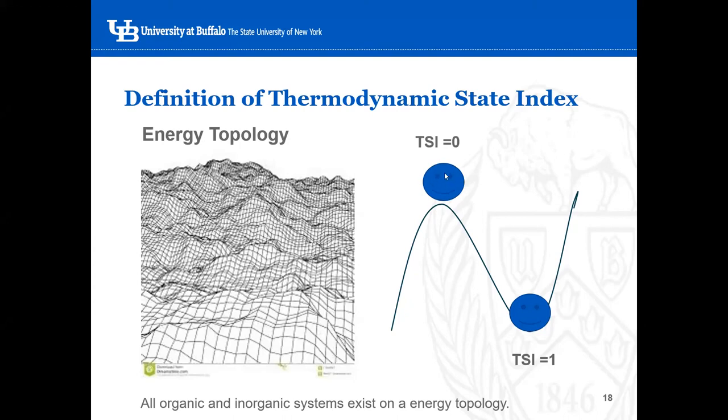When I kick that ball, the thermodynamic state index is 0. And then that ball will travel, and then will come to a stop in a valley. At that point, the thermodynamic state index is 1.